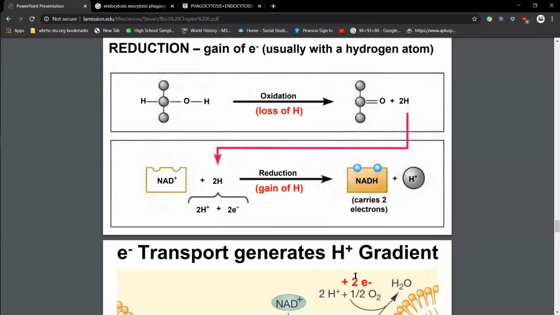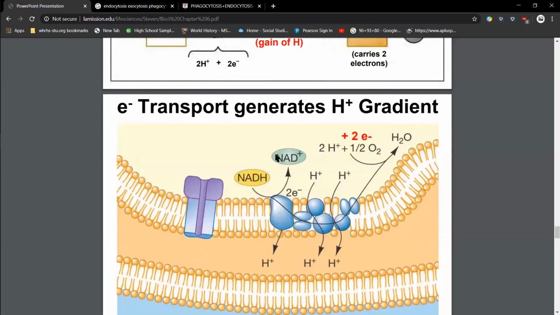So this is a reduction-oxidation reaction. NADH becomes oxidized, which means it loses that electron. But the first protein complex becomes reduced, meaning it gains the electron. But then the second protein complex just wants that electron more.